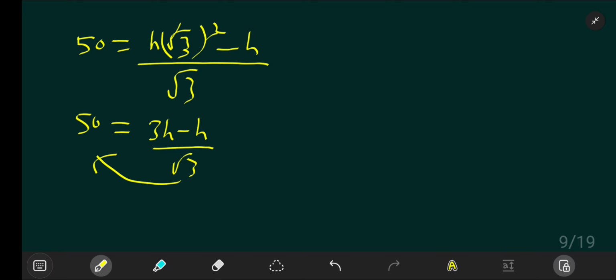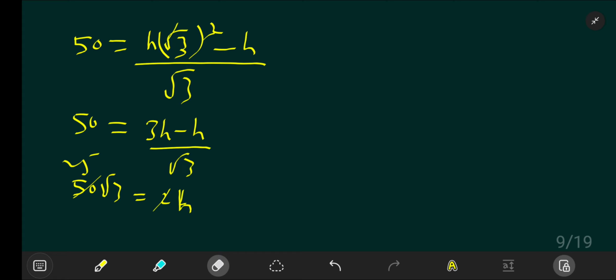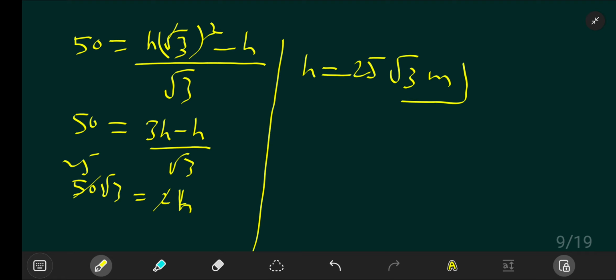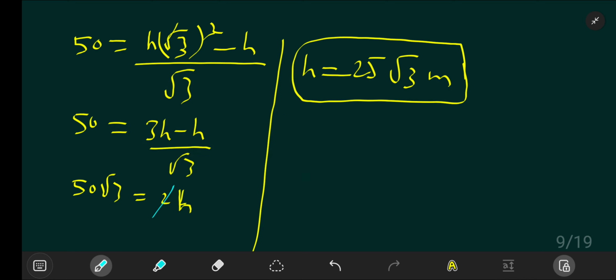When we send this to the left hand side, that is 50 root 3 equal to 2h. 2 ones are 2, 2 twenty-fives are 50, so h is equal to 25 root 3 meters. Here the square root gets cancelled.